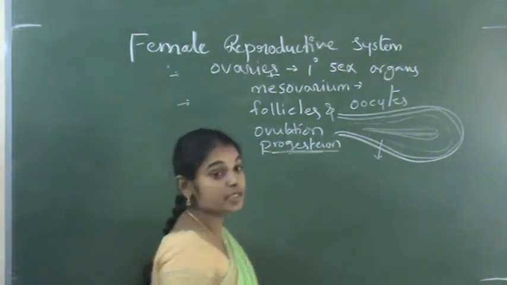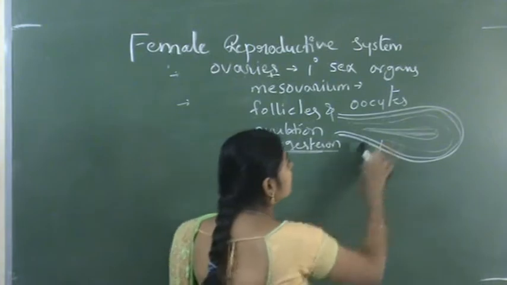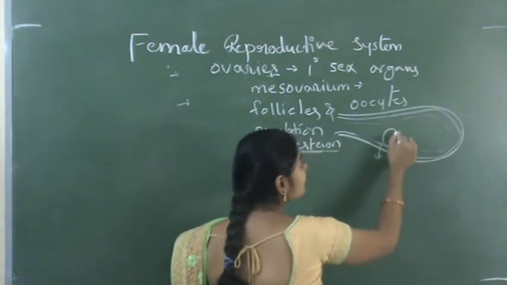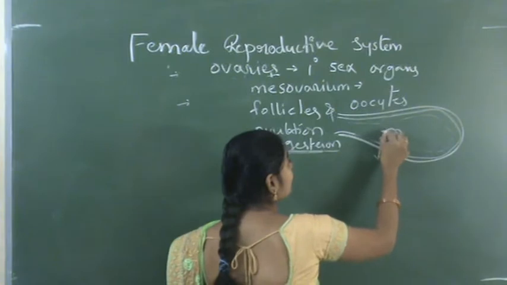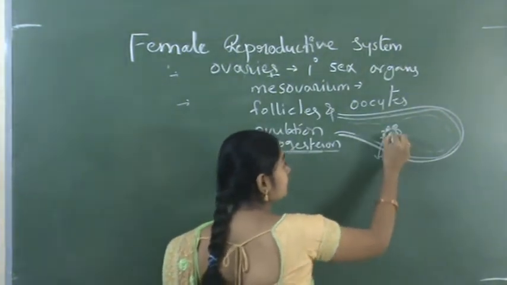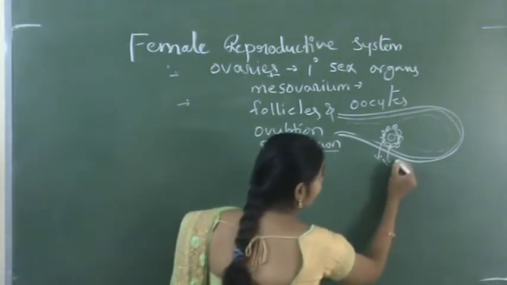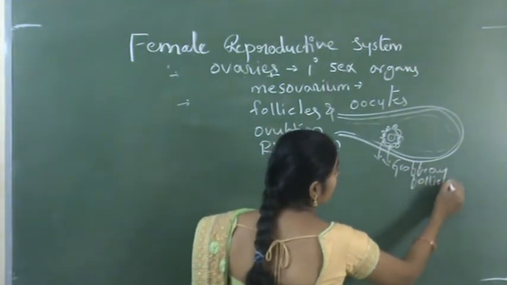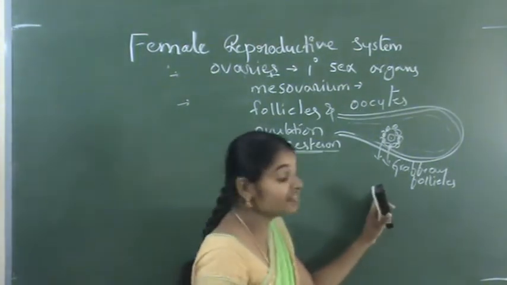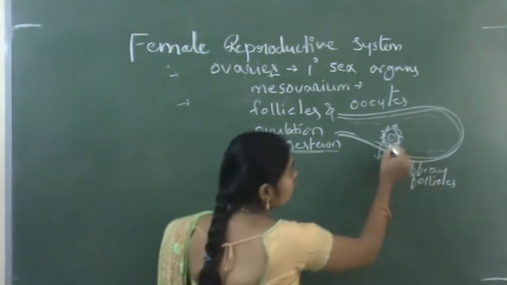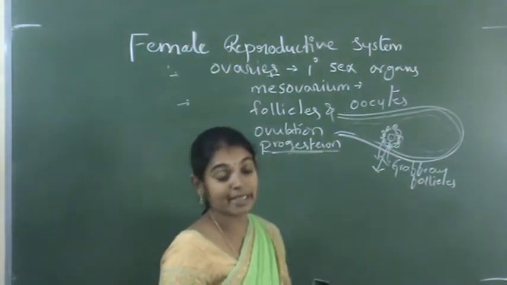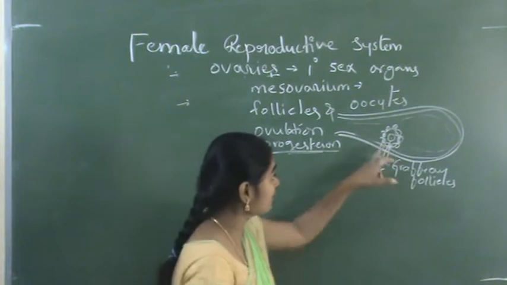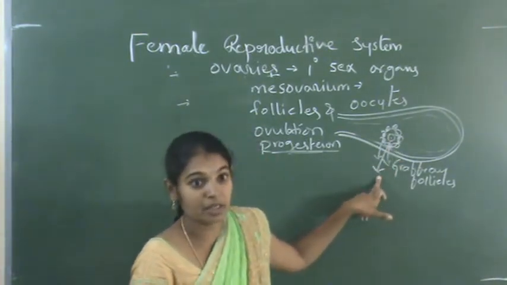How is progesterone secreted from the ovaries? After secondary follicles are developed, the tertiary follicles, or Graafian follicles, develop from them. The Graafian follicle contains a fully developed, matured ovum, and when the Graafian follicle wall ruptures, the ovum is released from the ovary.